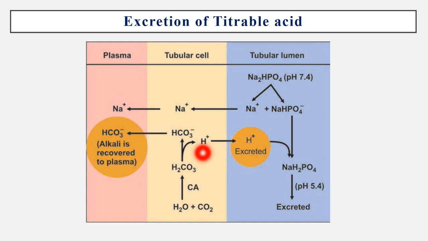This carbonic acid dissociates into H+ ions and bicarbonate. These H+ ions are excreted into the tubular lumen and again combine with sodium hydrogen phosphate to form sodium dihydrogen phosphate. This sodium dihydrogen phosphate is excreted in urine.